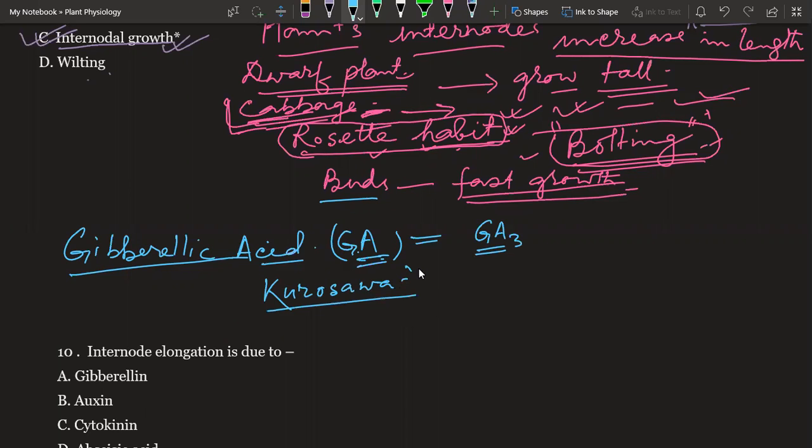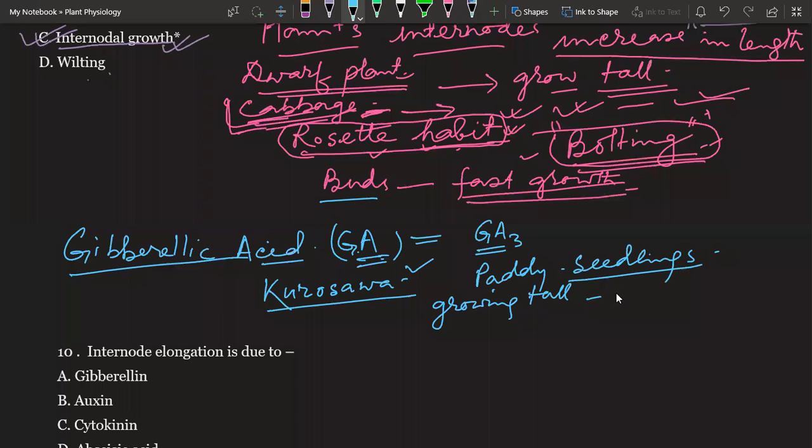He observed a paddy seedling, a rice seedling, growing very tall but not bearing flowers or fruits. No flower, no seed, no fruit.